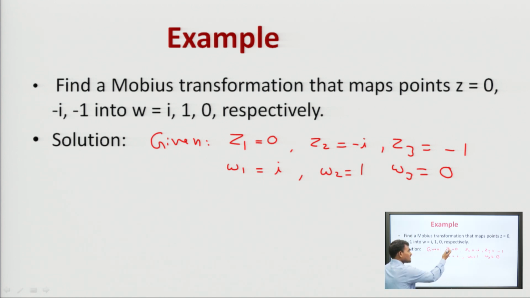Then here 3 sets of points are given, and by the previous cross ratio formula we can find the omega.